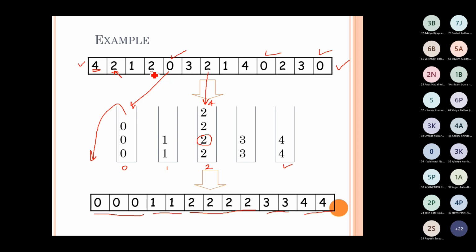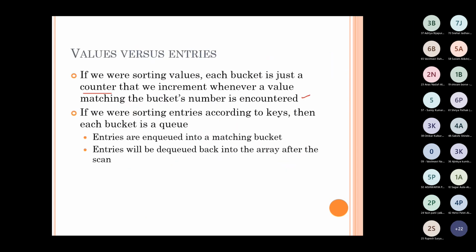When I read this 2, that 1 becomes 2. Then here it becomes 3, and when I read this 2 it becomes 4. So at last we are just incrementing the counters while writing the program, and we can do the processing this way. Okay, so this is about the content of the bucket.